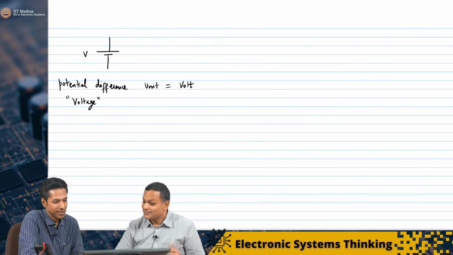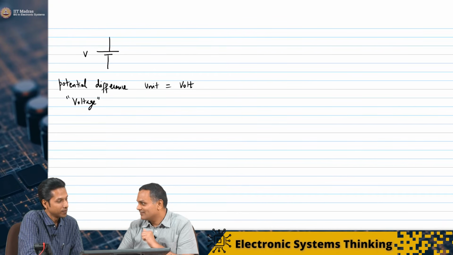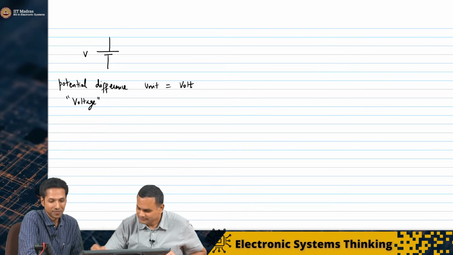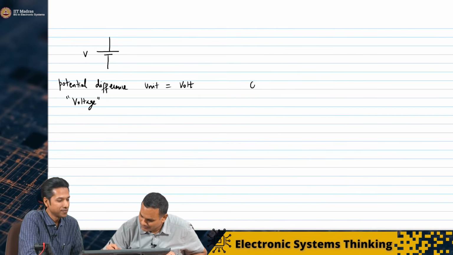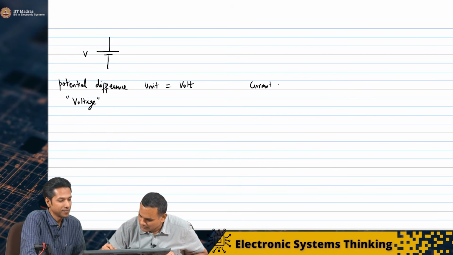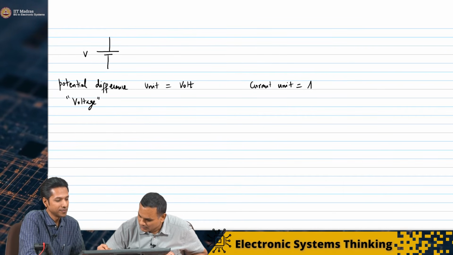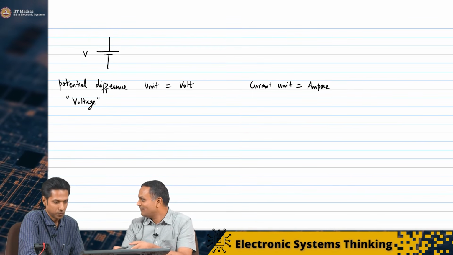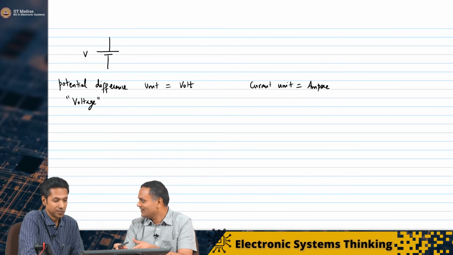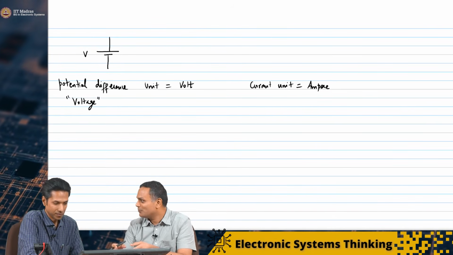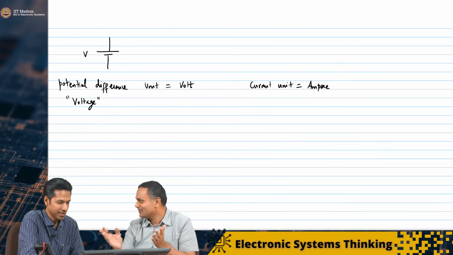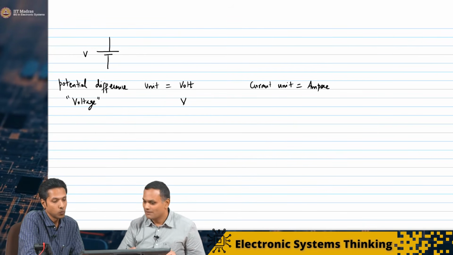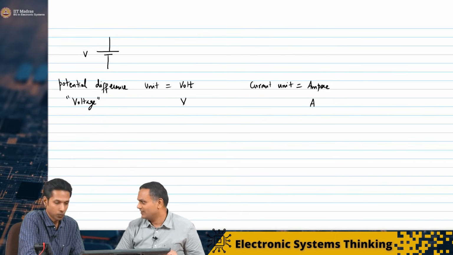Similarly, the unit for current happens to be ampere. All of these are named after very famous physicists who did a lot of important work on electricity, magnetism, and so on. And the symbol is V for voltage and A for current, for ampere.